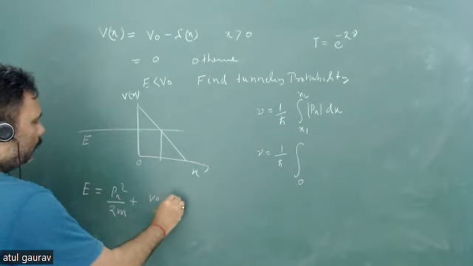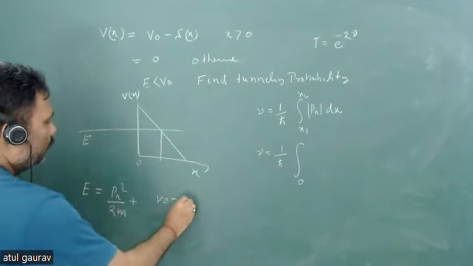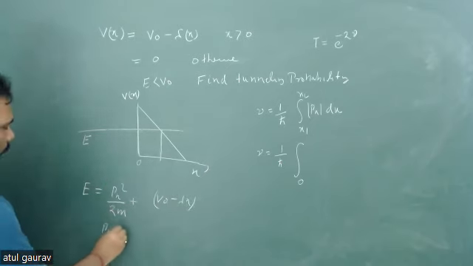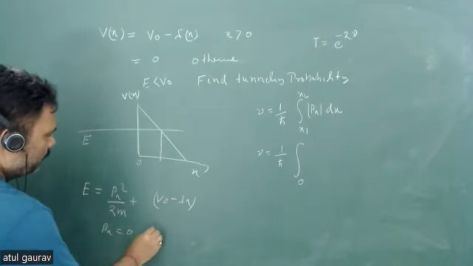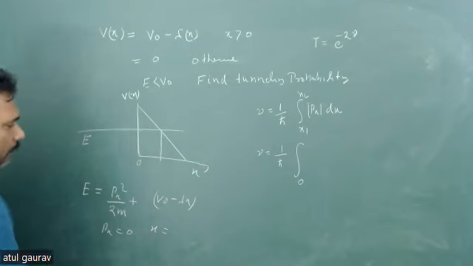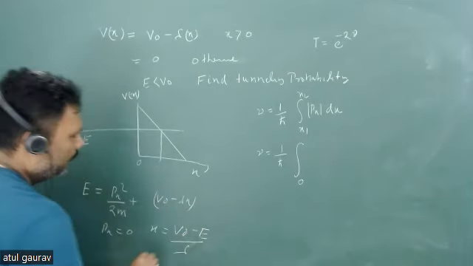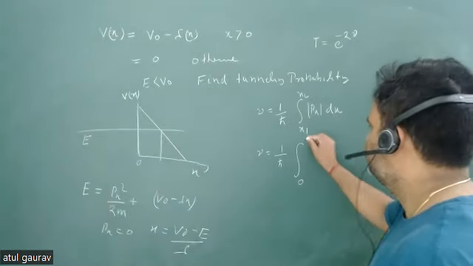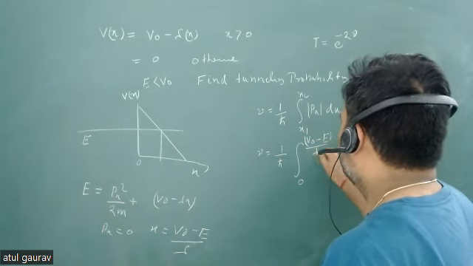V naught lambda. So that value is V naught minus lambda x. And at this point, Px is equal to 0. So when your Px is equal to 0, so what is your x? बताइए. V naught minus E by lambda. This is your x. So this value is equal to what? V naught minus E by lambda.